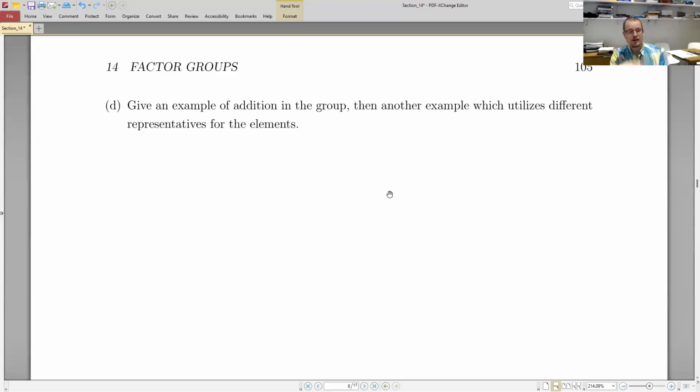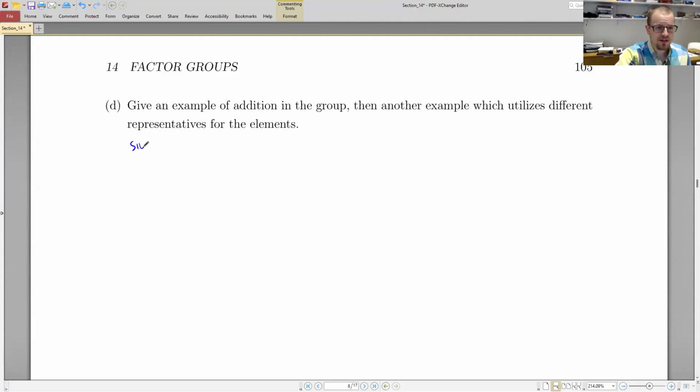So let's now give, still contained in the same example, an example of addition in the group, then consider another example which utilizes different representatives for that. So let's take a brief look at that.